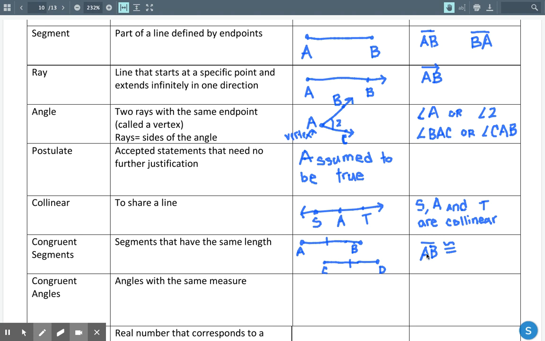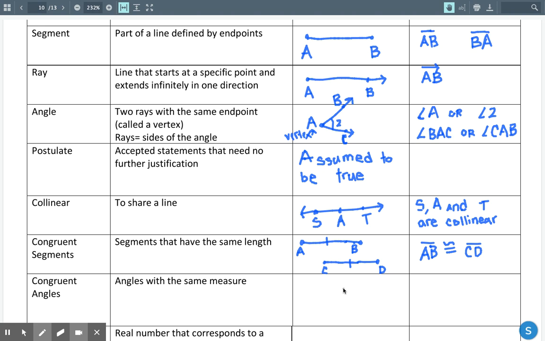So this tells me line segment AB is congruent to line segment CD. So hopefully that makes sense. It tells me that this line segment and this line segment are the same length. Do we know what the length is? Not necessarily. Maybe we do, maybe we don't. But we do know that whatever the length is, it is the same.